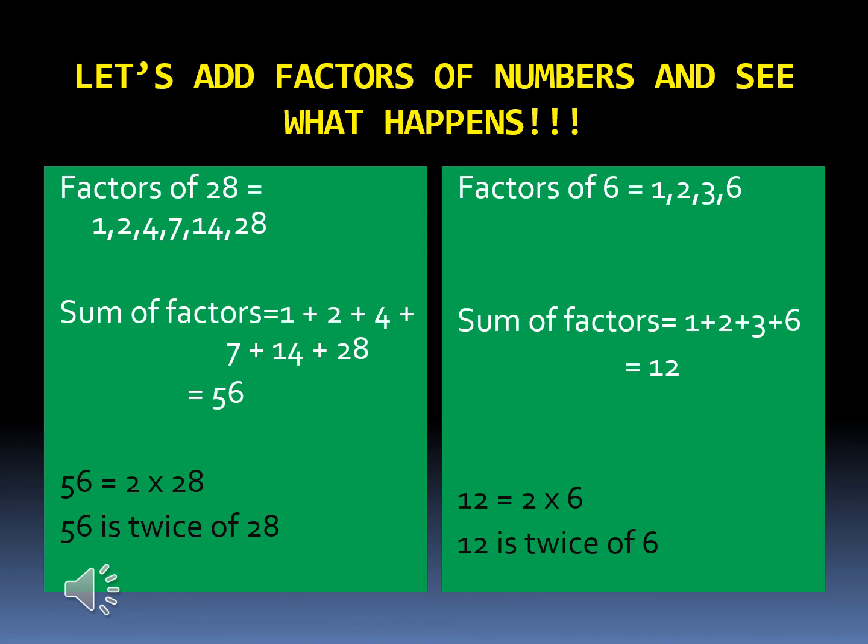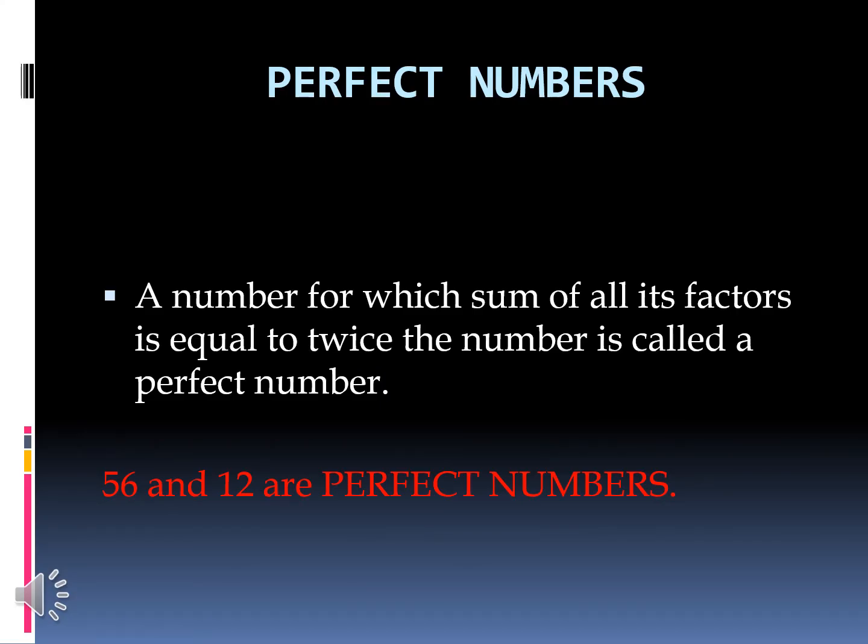Now it does not happen with the factors of every number. Here we have taken two examples, 28 and 6. So here we come up with the conclusion that 56 is twice of 28 and 12 is twice of 6. So what we can say from this observation is 28 and 6 are perfect numbers.